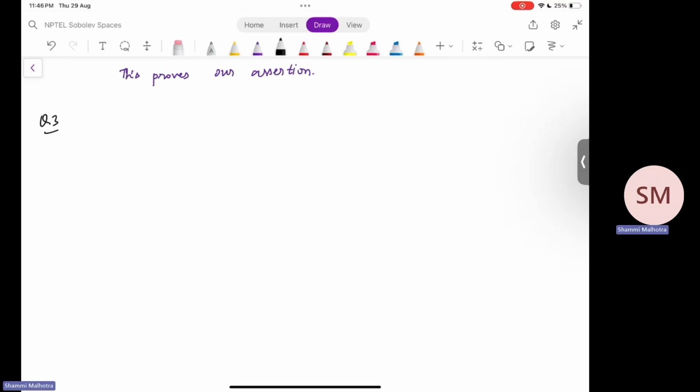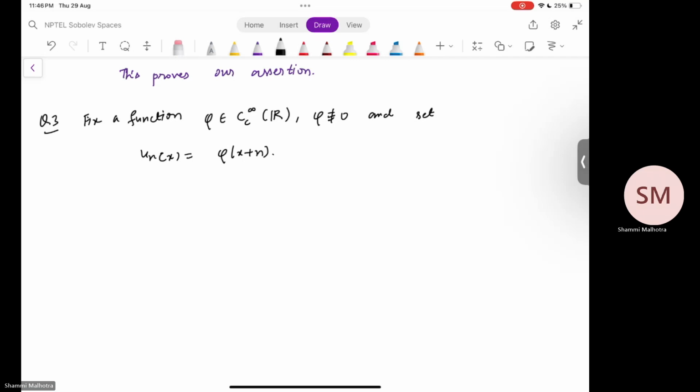Our next question is: we fix a function phi in C_c infinity of R, with phi not identically equal to 0, and we set u_n equal to phi of x plus n. Let p be any number between 1 and infinity.